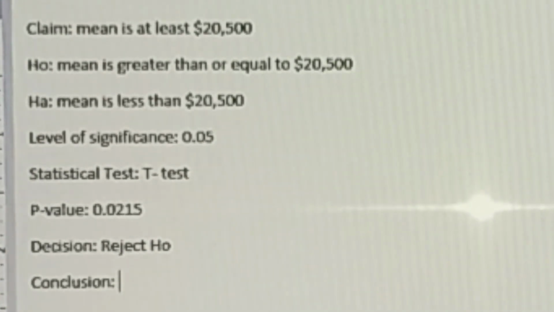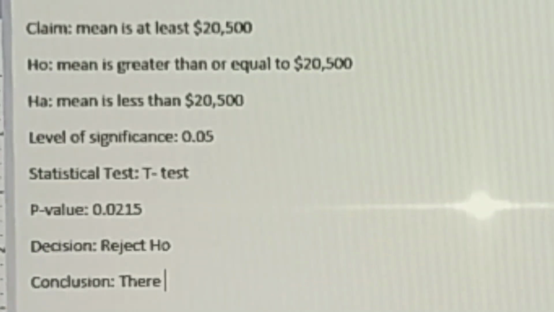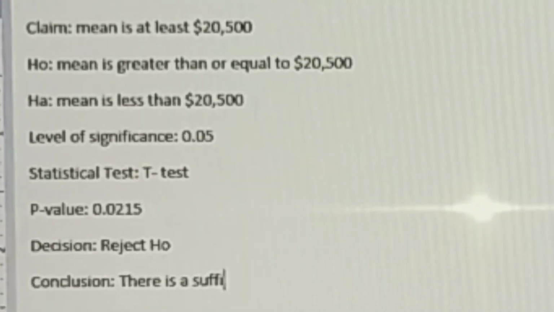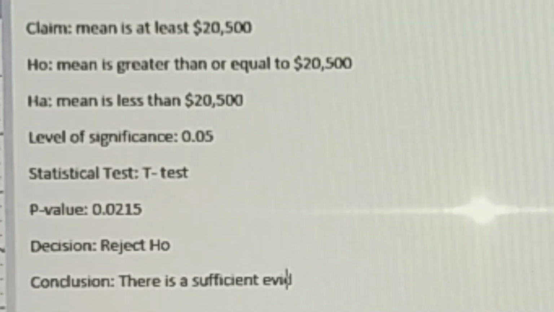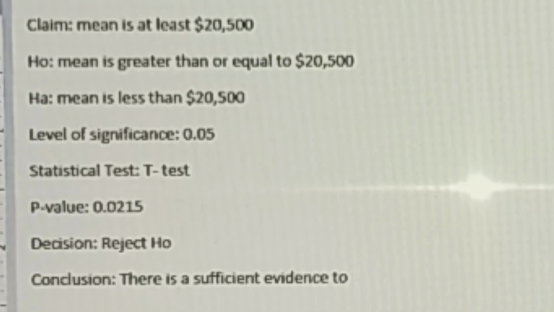Now, for the conclusion, since we reject H0, we are in favor of HA. So that means that there is sufficient evidence to reject the claim.